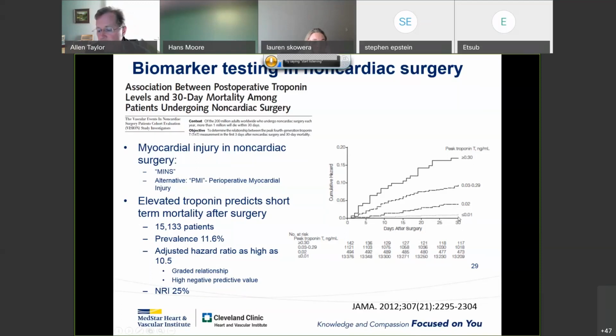And the net reclassification improvement over the RCRI was 25%, a significant improvement in risk classification. This is the first study that suggested this idea of surveillance of patients post non-cardiac surgery might be informing us as to who was at risk for short-term adverse outcomes.